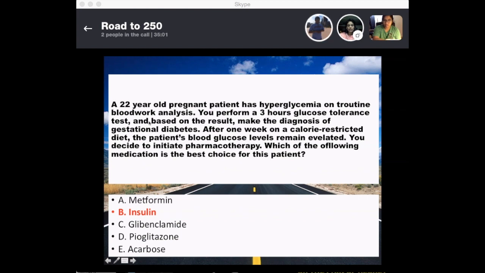But in this case, this patient's did not. And then they put her on the 1 week calorie restriction and still didn't see a difference. So at this point, insulin was the best option.